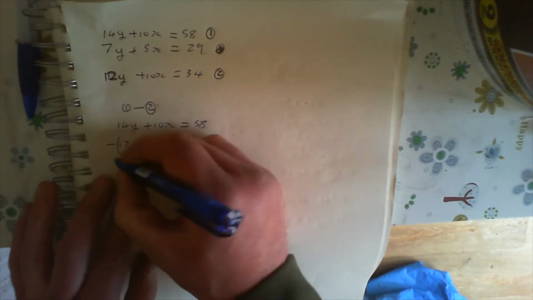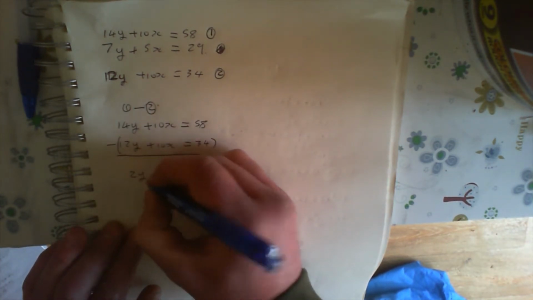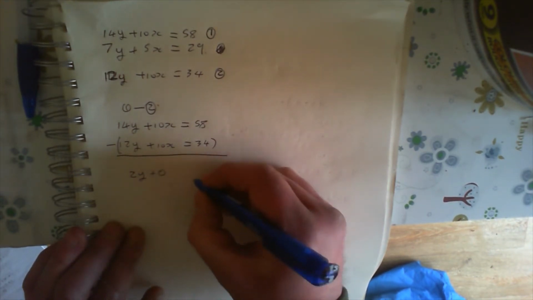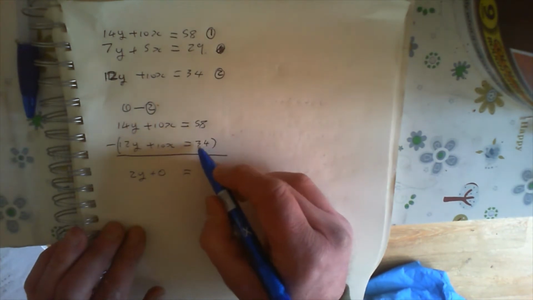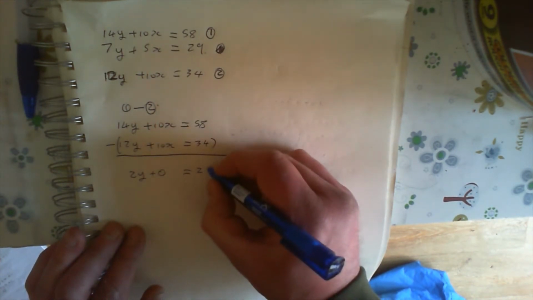So subtracting that from that, and just like a normal kind of sum here, 14 minus 2 is going to be 12y, 10x minus 10x is going to be 0, and 58 minus 34 is going to be 24.